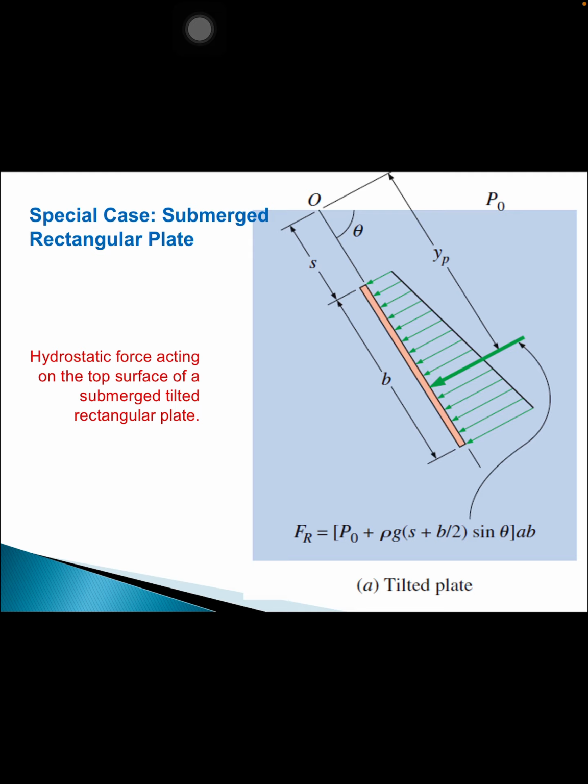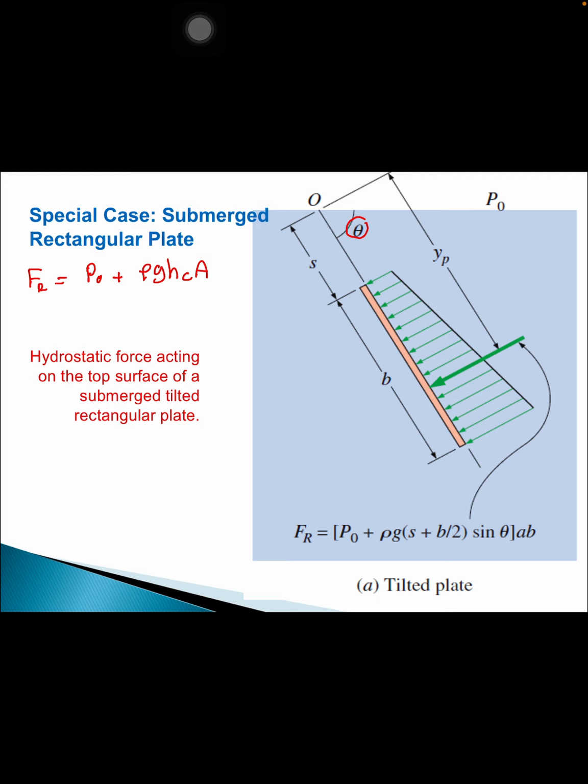Okay, now we have the angle. So the first equation is FR equal to P naught plus rho g h centroid times area. In a manometer we just use rho g h, right?